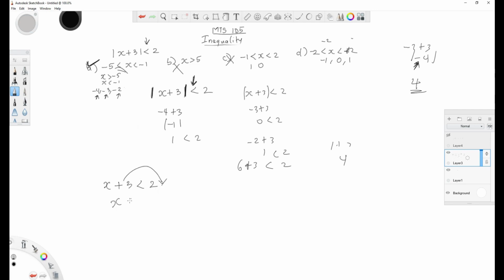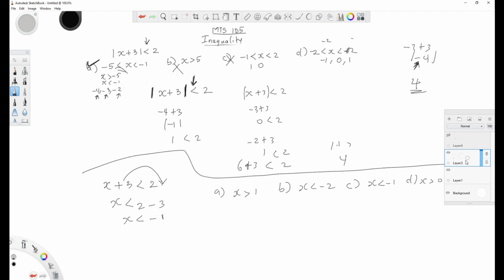Then it becomes 2 minus 3, then x is less than minus 1, isn't it? And in your options you have A, x is greater than 1, B, x is less than minus 2, C, x is less than minus 1, D, x is greater than 0. You have options like this, and you are told to find the answer, and probably you are too lazy.